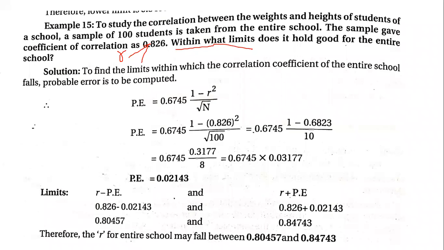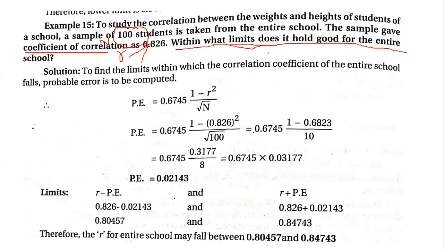We are supposed to find the limits. Within what limits does it hold good for the entire school? So there are 100 students in the sample. This will become capital N, and the coefficient of correlation found was 0.826. We are expected to calculate the limits which holds good for the entire school.